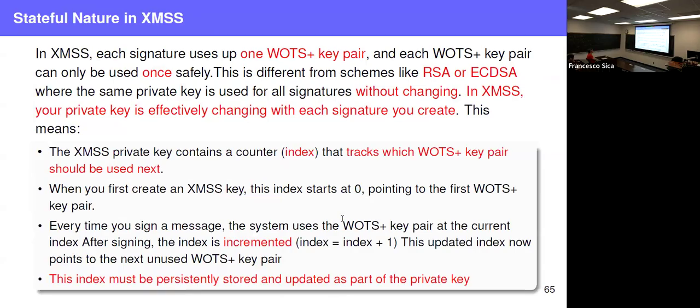XMSS's stateful nature means that each signature uses 1 words key pair, and the private key tracks which one to use next. Instead of storing all possible words private keys, we store a master seed and derive keys on demand.